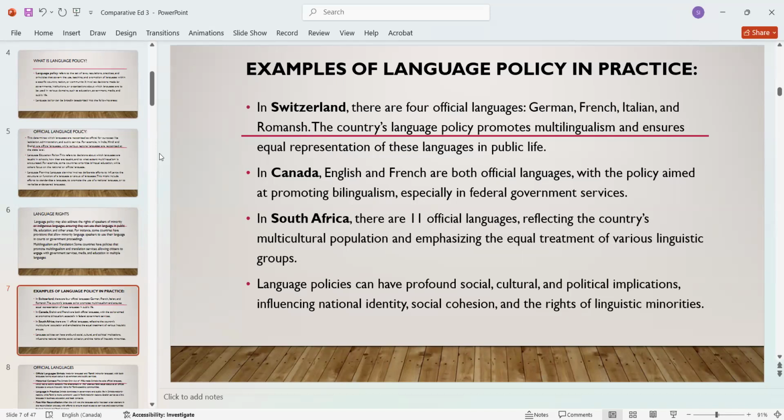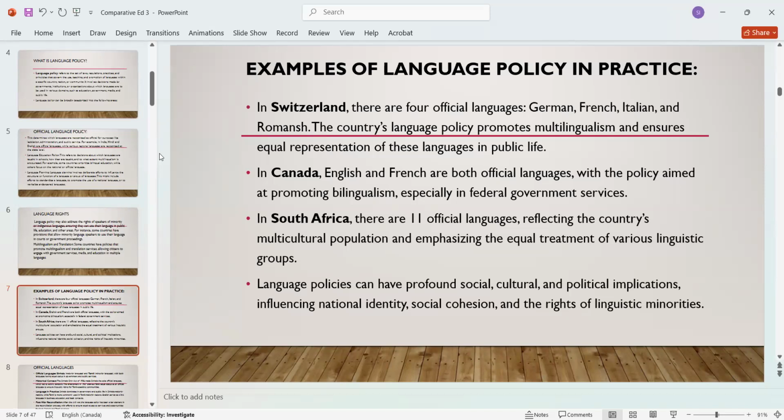So language policies can have profound social, cultural, and political implications, influencing national identity, social cohesion, and rights of linguistic minorities. And to see our national policy, right? Education policy. There are 9 policies.